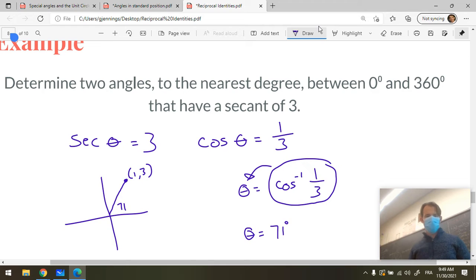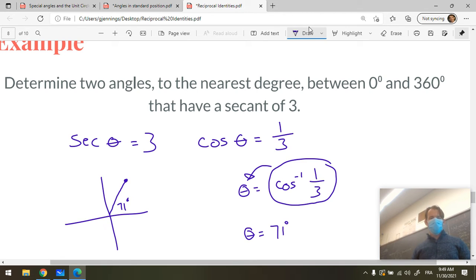Oh, I'm sorry, other way around. Cosine is 1 over 3. No, it's not that point at all. I'm confused. 71 degrees is this point up here. What is it? Well, that's not important. We weren't asked for that. I can calculate it, but I don't want to right now.